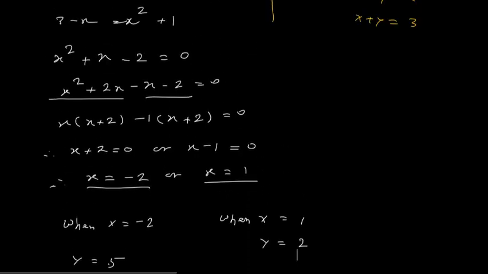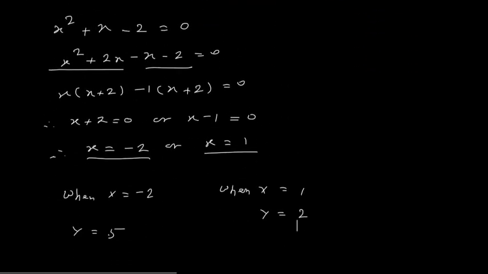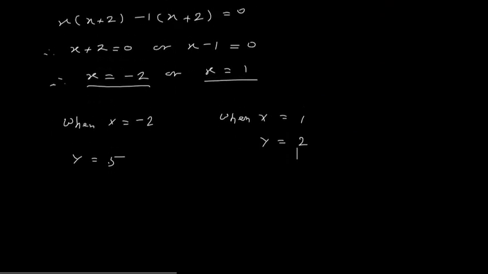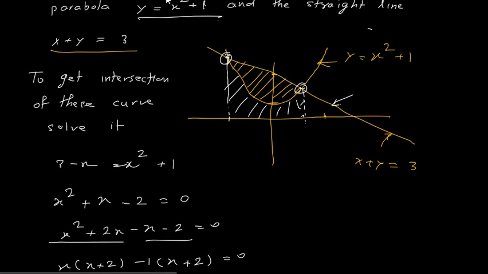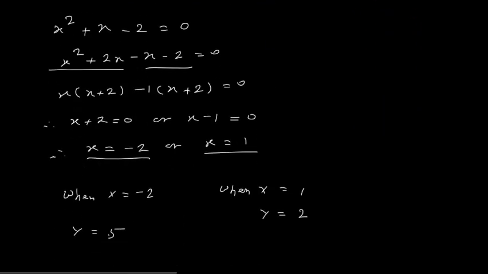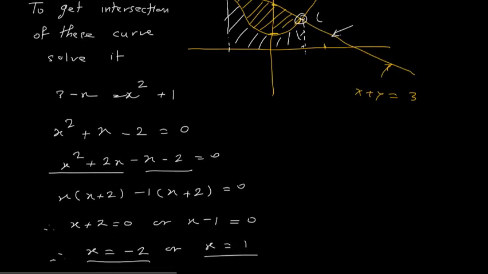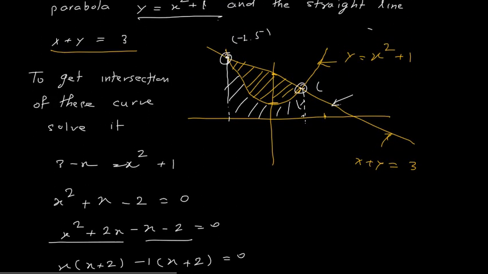Okay, because x plus y is equals to 3, so this point is minus 2 comma 5 and second point we got as 1 comma 2.